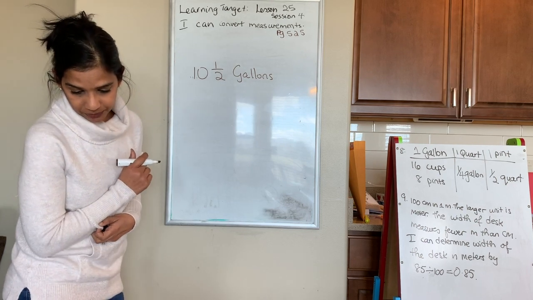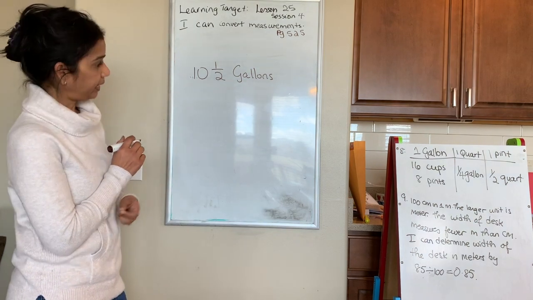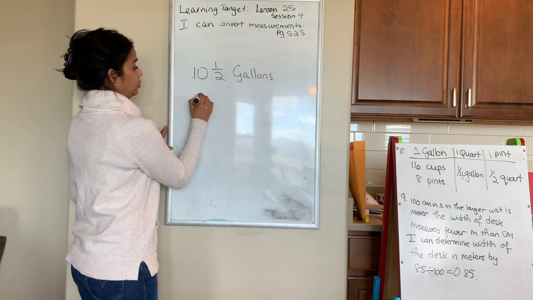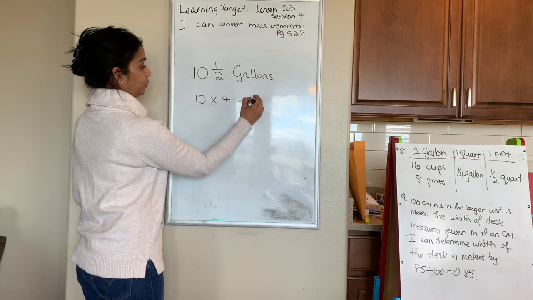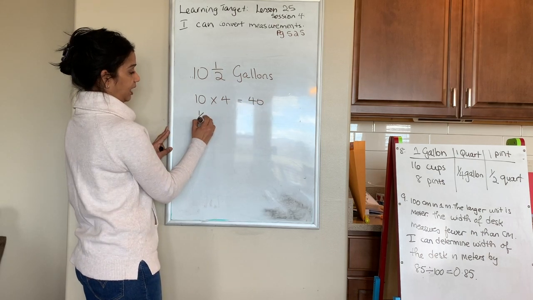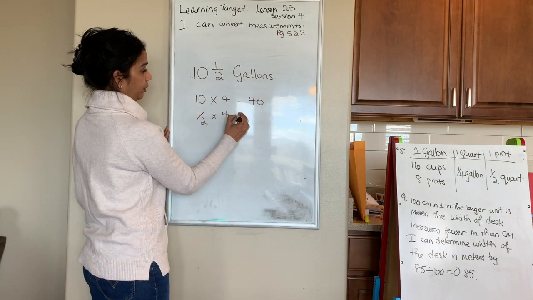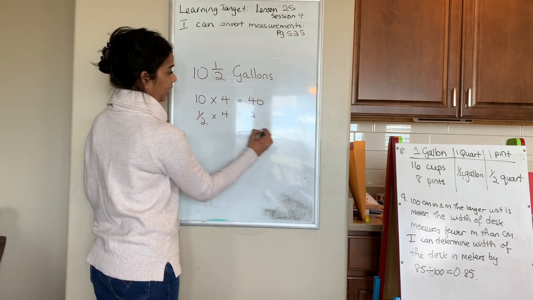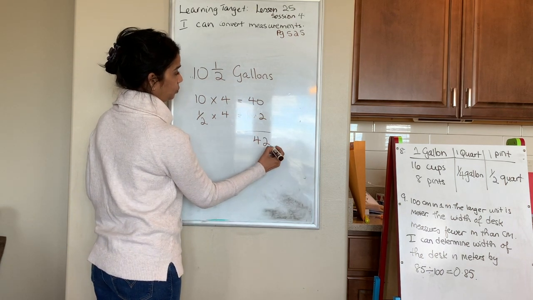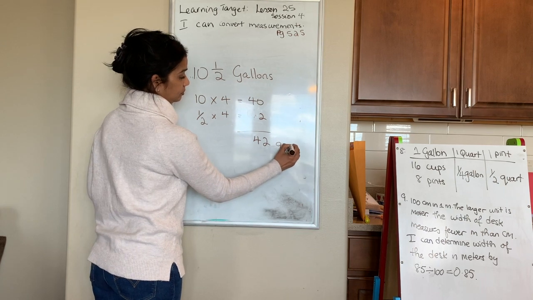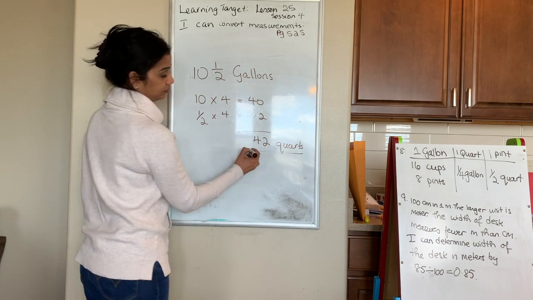So what do we do? Who can tell me? Okay, we can do 10 times 4 is 40, and 1/2 times 4 is 2. If we add those, we are going to get 42 quarts. Do we see that?